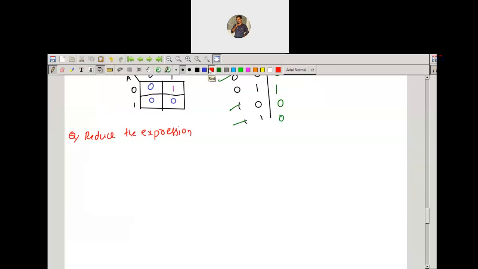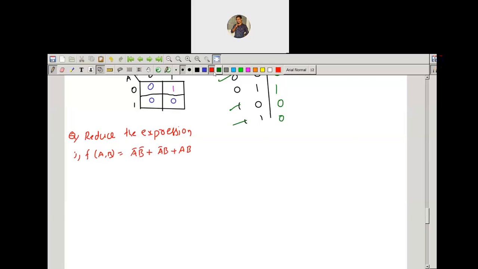Then my very first question is f of AB equal to A bar B bar plus A bar B plus AB. So it is a given function, and you have to reduce this expression by using the K-map.